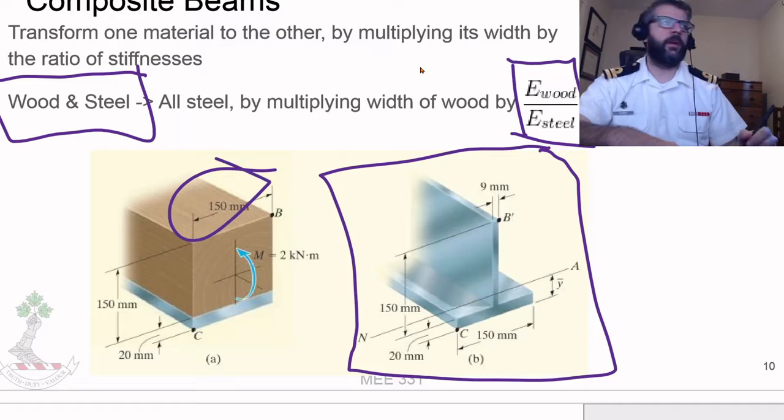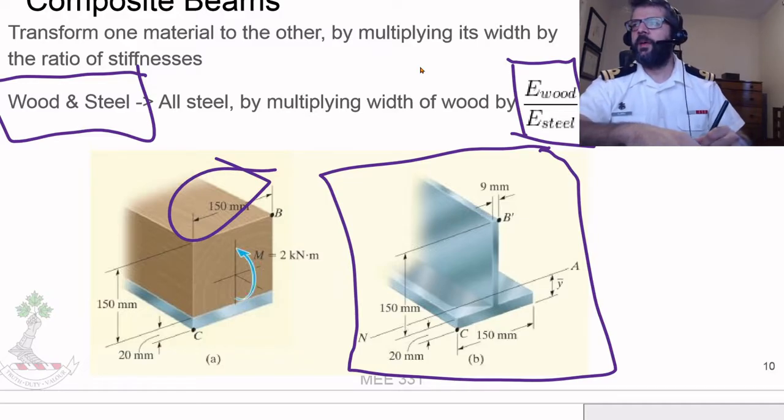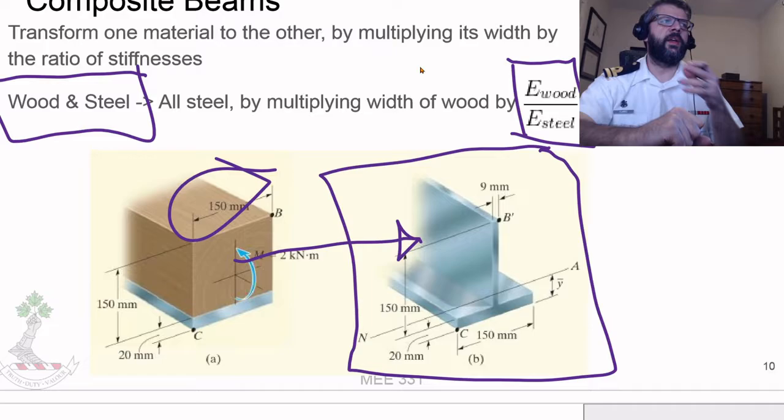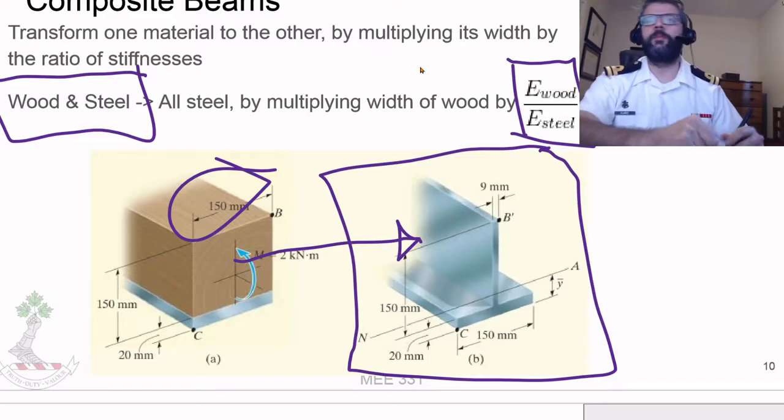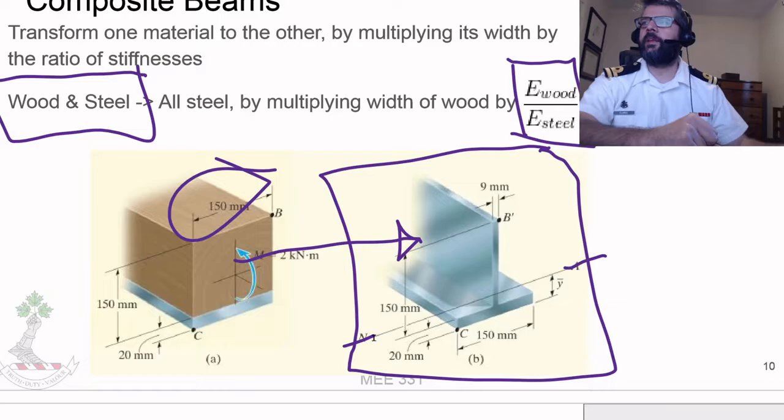Here we're starting out with 150 millimeters for the beam, but the wood section gets transformed into an equivalent 9 millimeters width of steel. Then we calculate the location of the neutral axis and figure out what the I is for that.